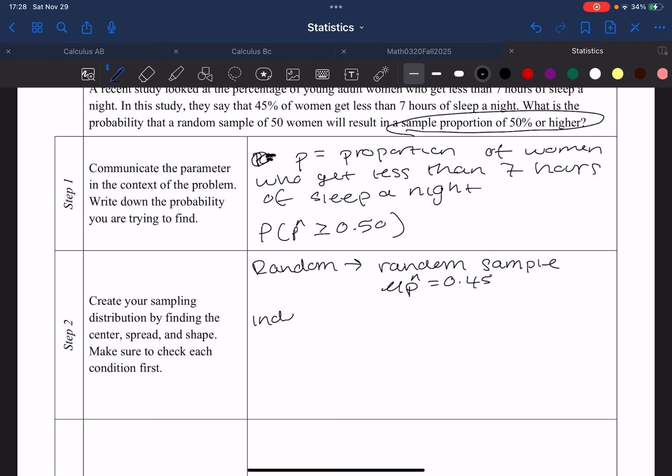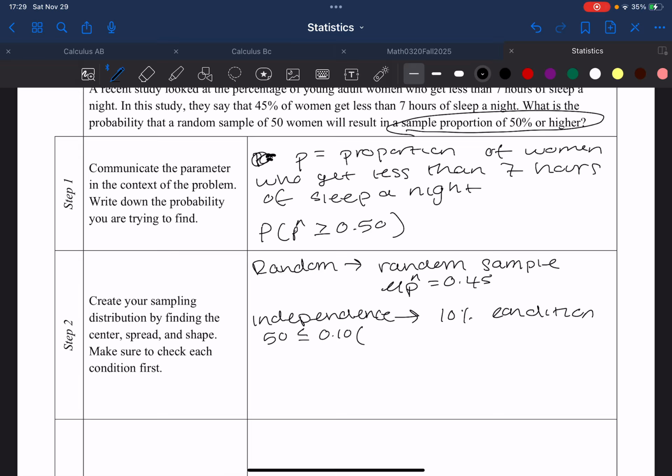Then we have to prove independence. In order to prove independence, we use the 10% condition. And remember, the 10% condition stated that the sample size has to be less than or equal to 10% of the population size. So we can say 50 is less than or equal to 10%.